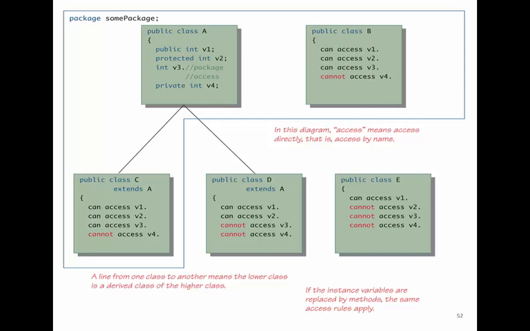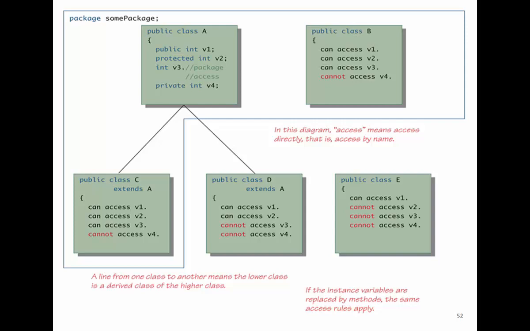Even though D is inherited from A, it cannot access V3, because V3 has default access, which is package access. That means C can access V3, but D cannot, because they live in different packages. Okay? They are in different folders.